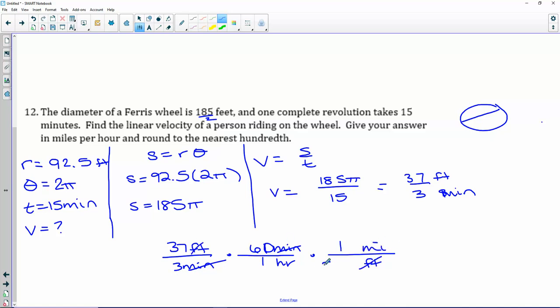So 1 mile is 5,280 feet. So take 37 times 60 divided by the 3, and 5,280. It gives us a pretty ugly answer. If you kept it in terms of pi, I think it was 37 pi over 264. If you went ahead and just plugged it all in, it's 0.44 miles per hour.